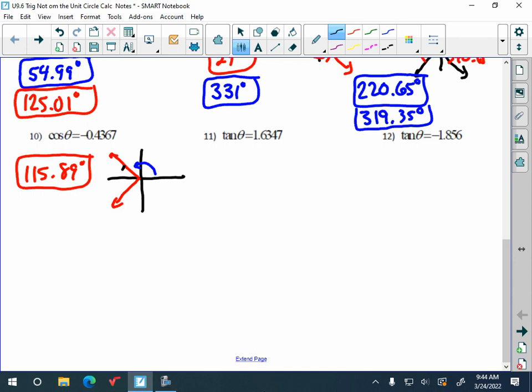So find this reference angle here. That's 180 minus 115.89, which is 64.11, the same as that angle. Those are congruent.